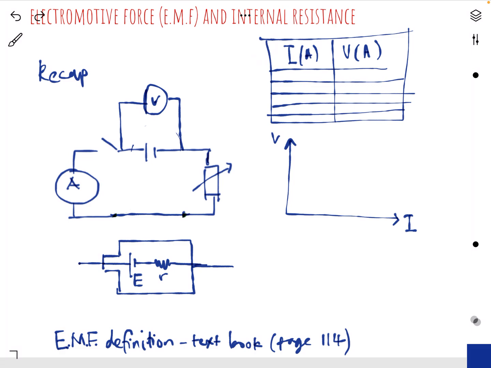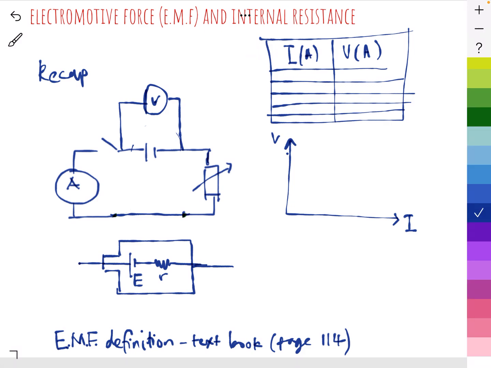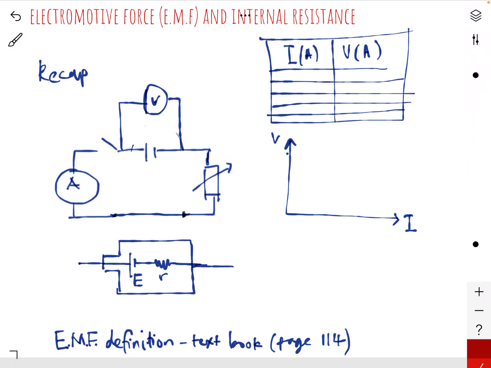So in this case, the voltmeter is going to measure the voltage across battery, and it's going to measure the EMF of the battery. So when you draw a graph, it's going to be the highest value because the energy in the battery itself is not used yet.